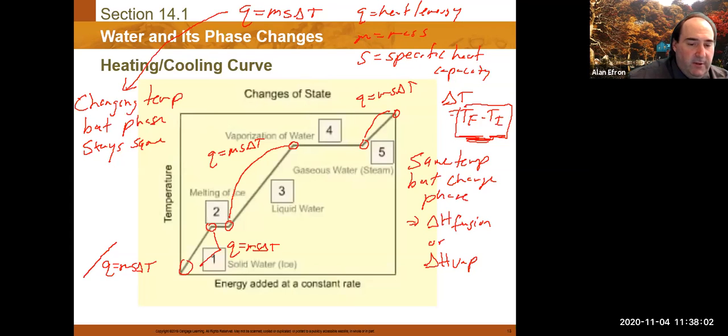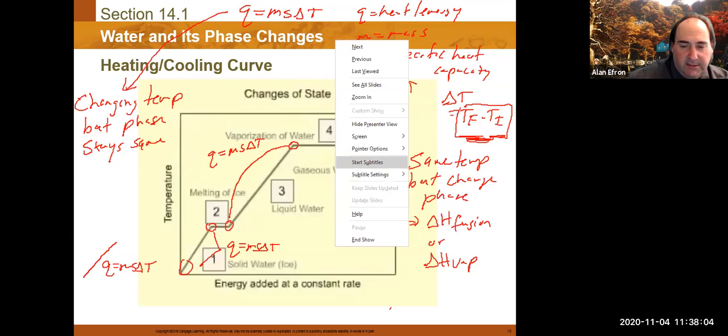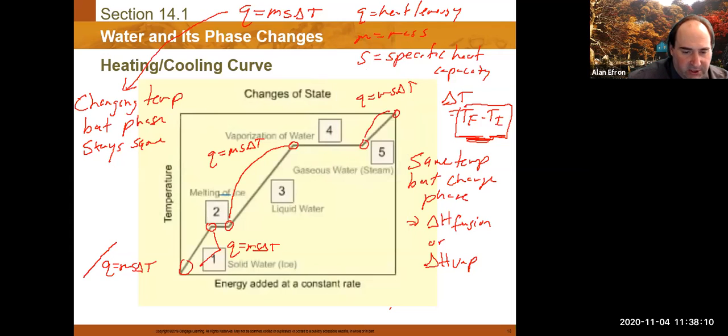The places where you would not do that is what we were just looking at, which is number 2 on this chart, this squared part here, that plateaued part, and number 4 here on this chart. So for number 2, you would use the heat of fusion.